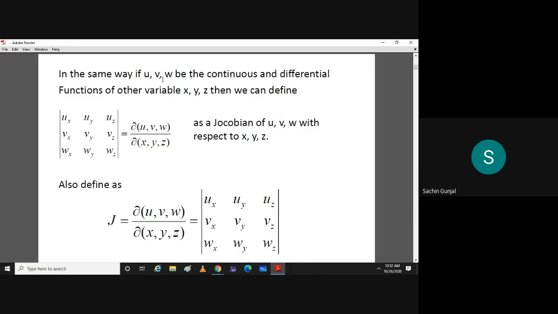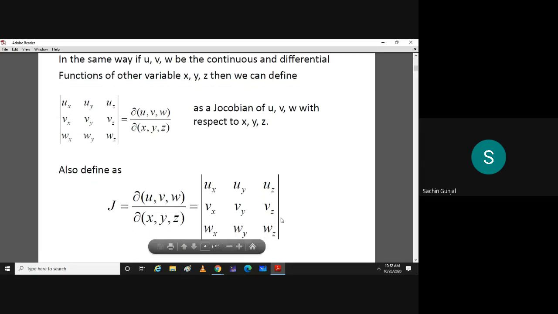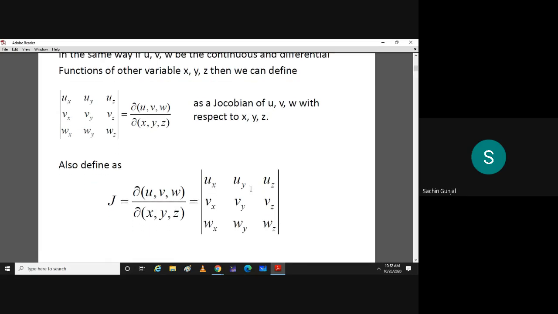If u, v, w are differentiable functions of x, y, z, then we can define the Jacobian of u, v, w with respect to x, y, z as J equal to dabba of u, v, w upon dabba of x, y, z, which is nothing but the determinant of a 3 by 3 matrix whose first row is ux, uy, uz, then vx, vy, vz, then wx, wy, wz. Here ux means partial derivative with respect to x, uy means partial derivative with respect to y, and likewise for z, v and w.